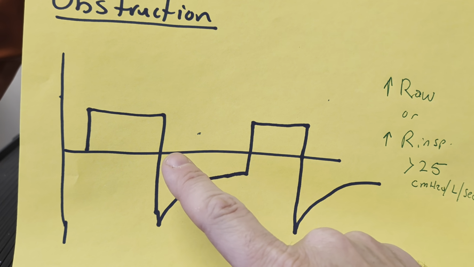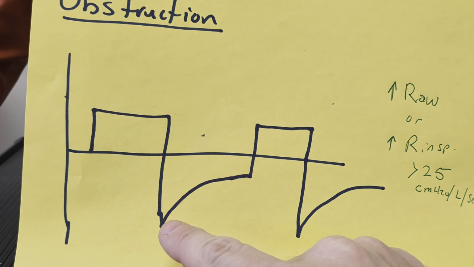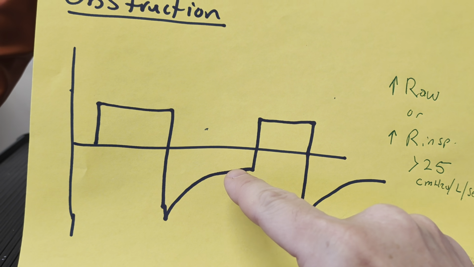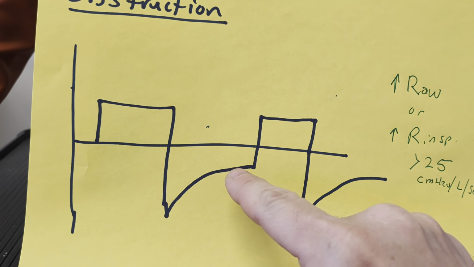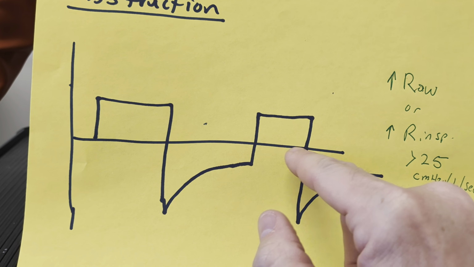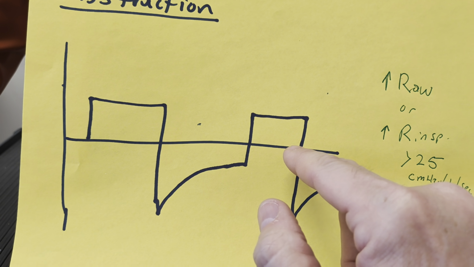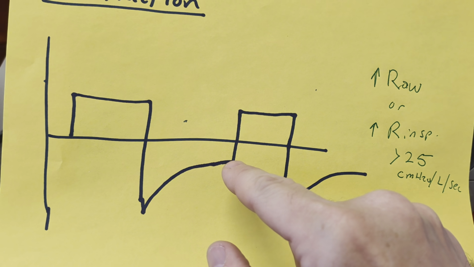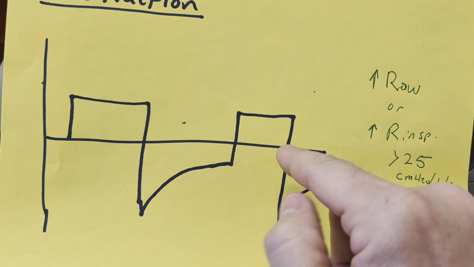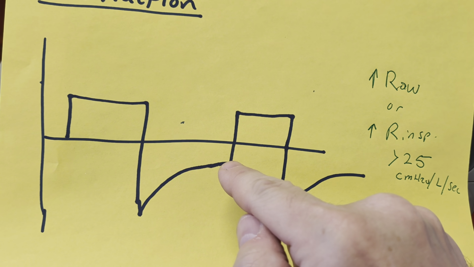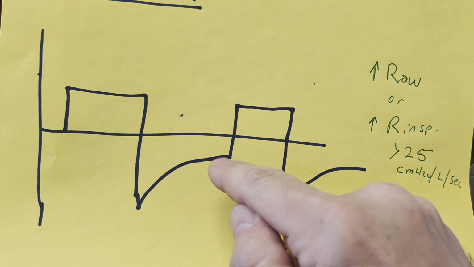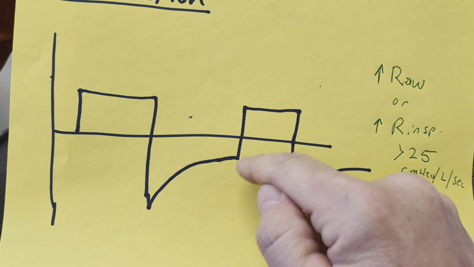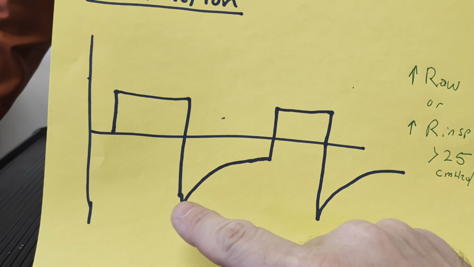So remember, below baseline is expiratory flow, and so what's happening is the expiratory flow rate is decreasing, and this should come back up to baseline where there's no more flow, no more air flowing out of the lungs. But what happens is the next cycle begins before the patient's airflow goes back to 0, and that suggests that there is still air left in the lungs.